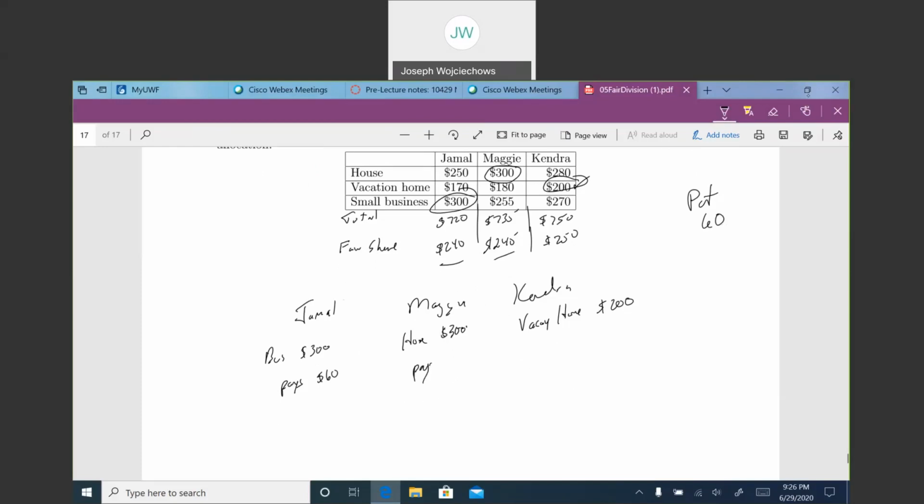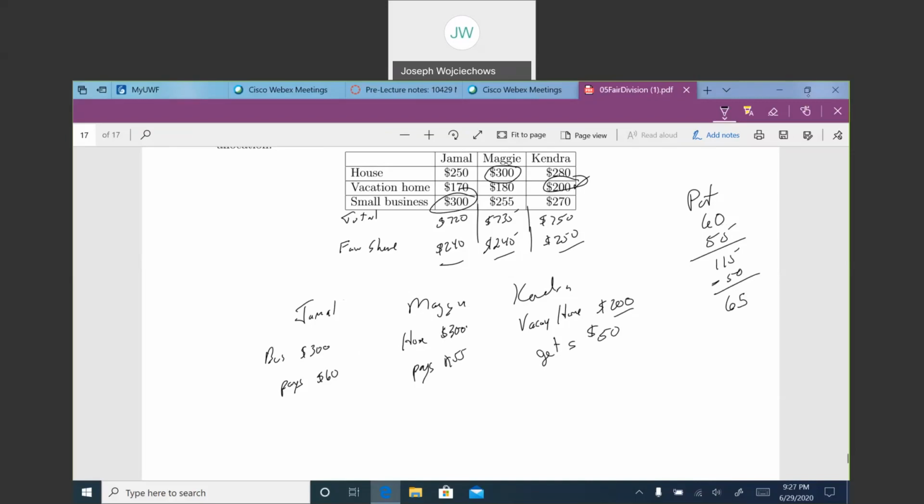So she pays the difference of $55,000. Now Kendra, the fair share is $250,000, and she only got $200,000, so she gets $50,000 paid in. So essentially, we take this 115 minus the 50. We have $65,000 left in the kitty, or the pot.